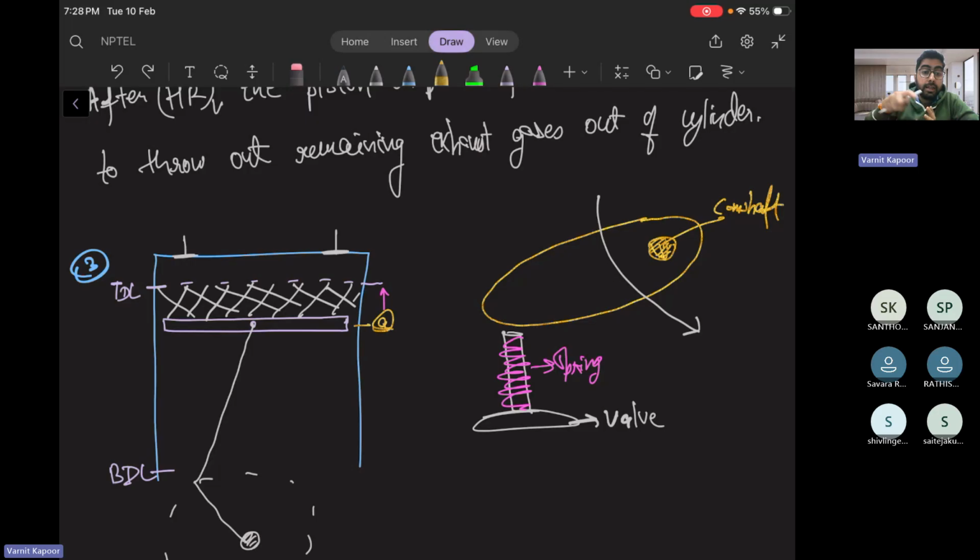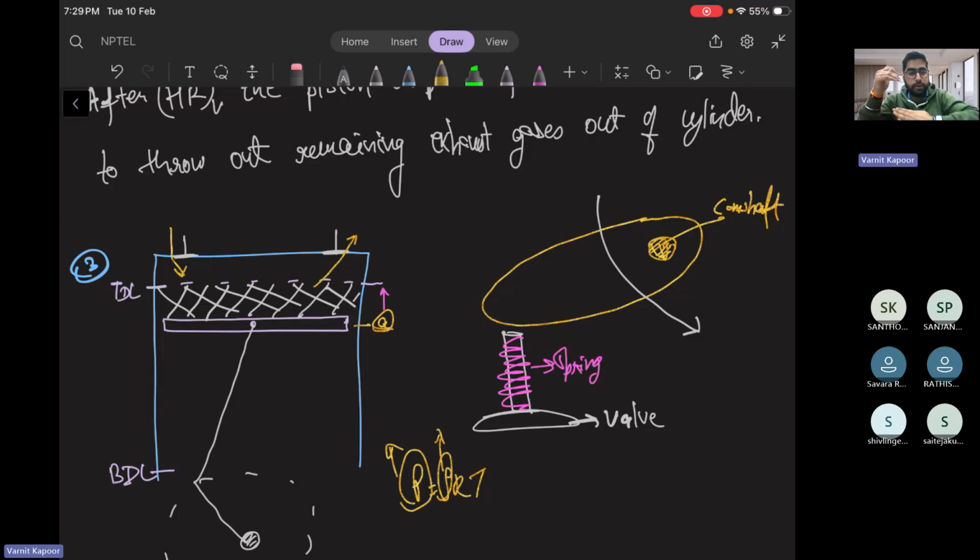Now the question might arise: the pressure and temperature of the exhaust are very high, and it is carrying out the gas. But the air fuel mixture which is entering has a higher density, and we know that P is equal to rho RT. If density is high, that means the pressure of the inlet air fuel mixture will also be high.